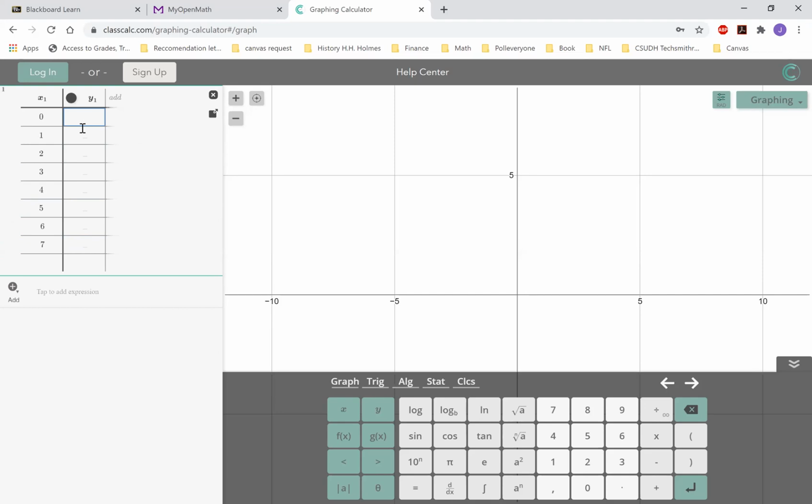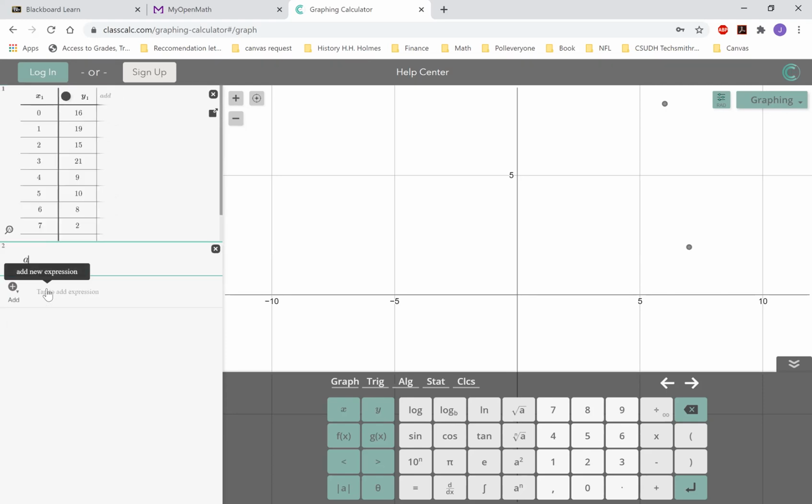So where it says 0.16, you do 16. 0.19, you do 19. 0.15 is 15, and so on and so forth. Any questions on the table?